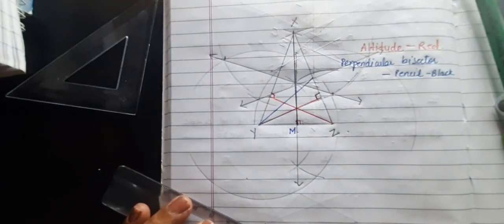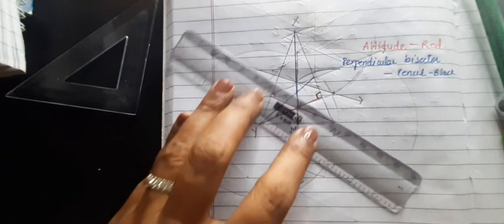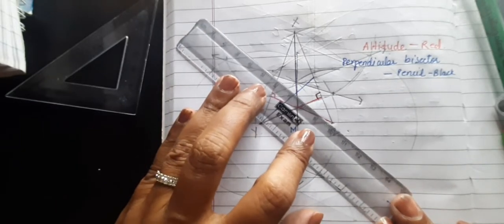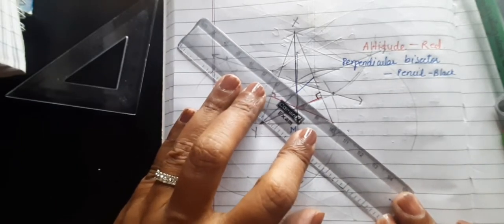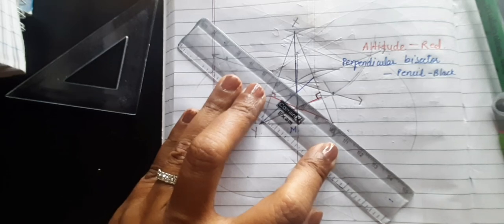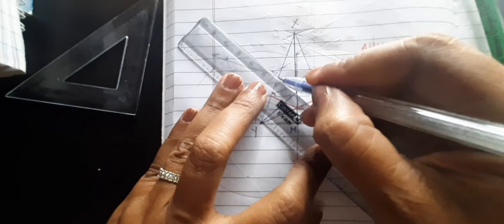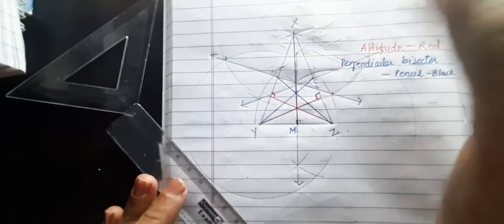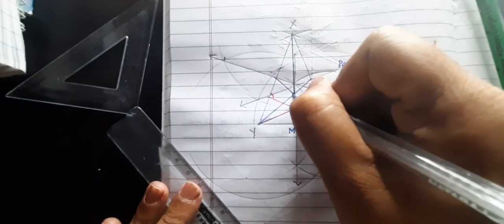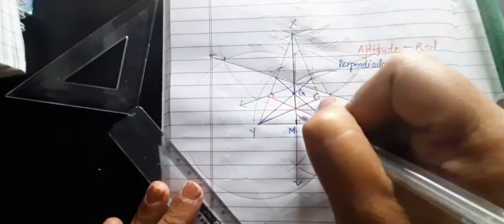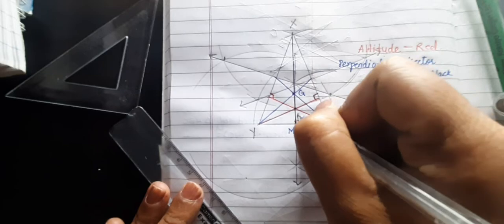Now where it is intersecting over here. Where's my blue pen? Fine. So this is the point G and this is the point O.